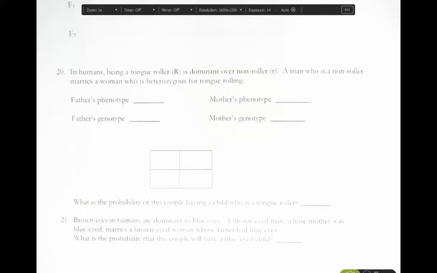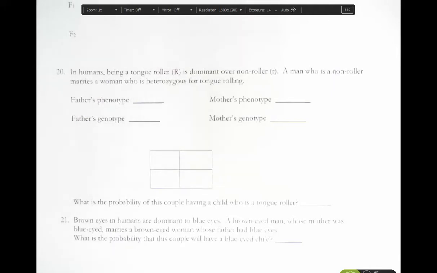Number 20 says, in humans, being able to roll your tongue is dominant over a non-roller. A man who is a non-roller marries a woman who is heterozygous for tongue rolling.